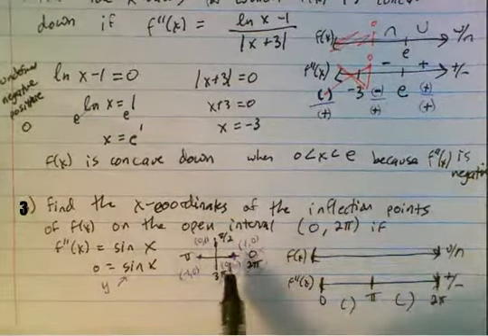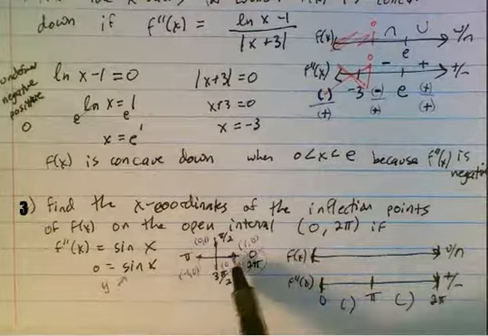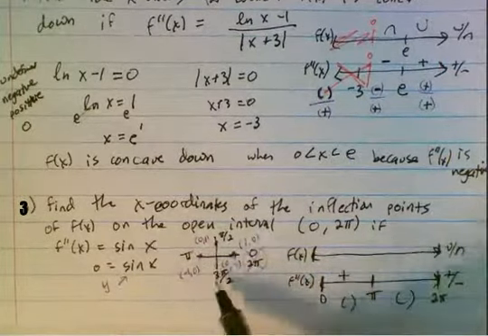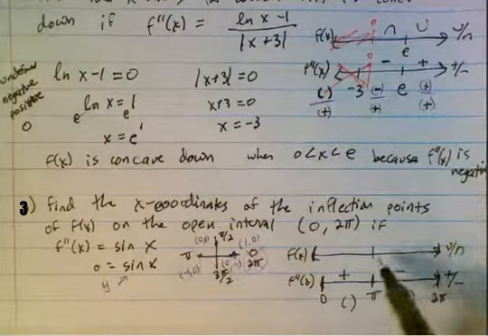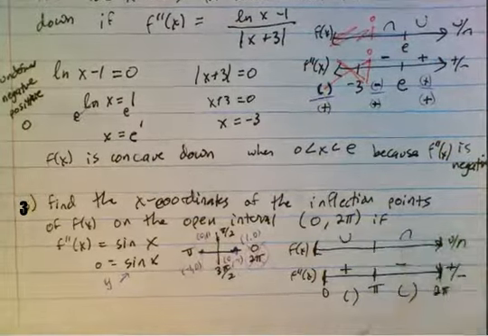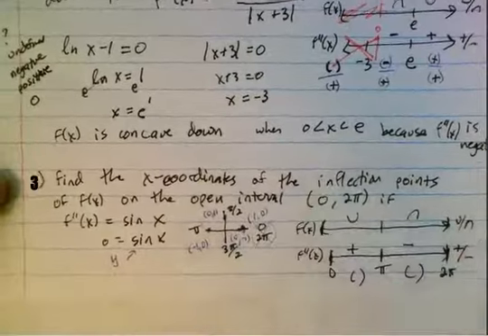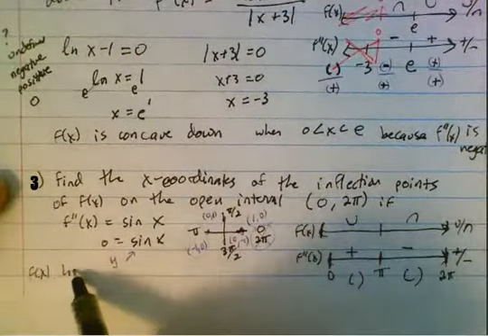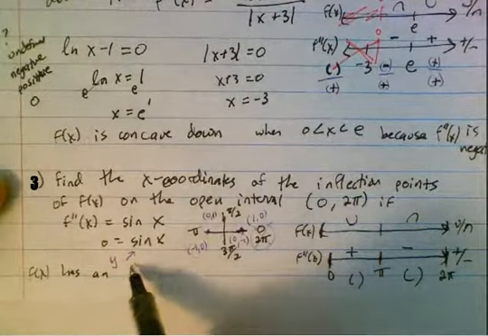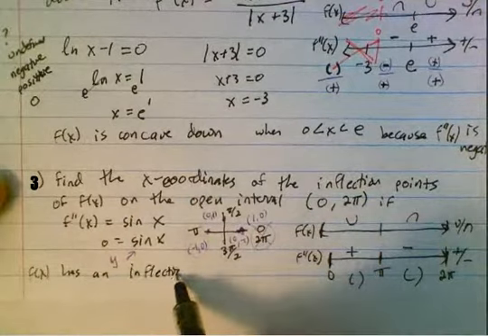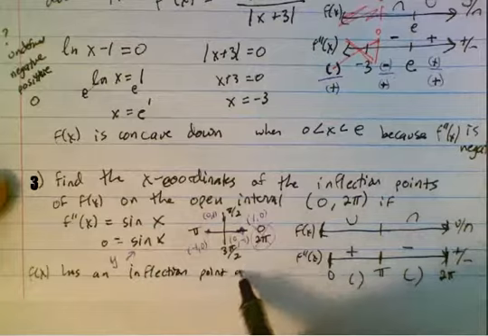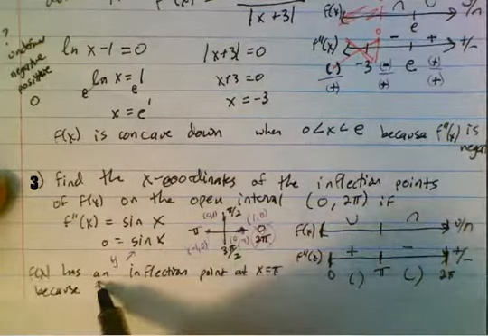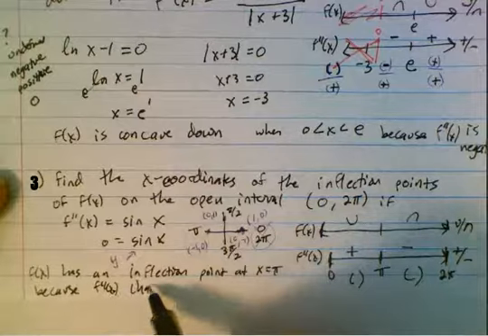And we can see that the sine being the y value means that the y value is positive from 0 to pi, negative from pi to 2 pi. So we've got concave up here, concave down here, and our inflection point is right at pi, because f double prime of x changes sign.